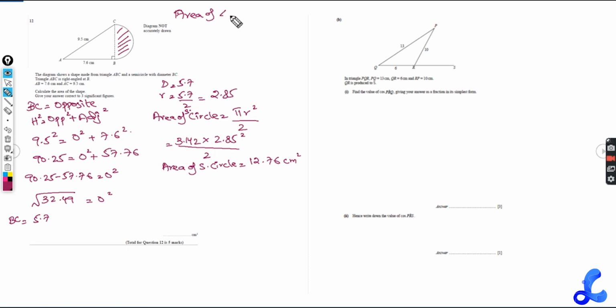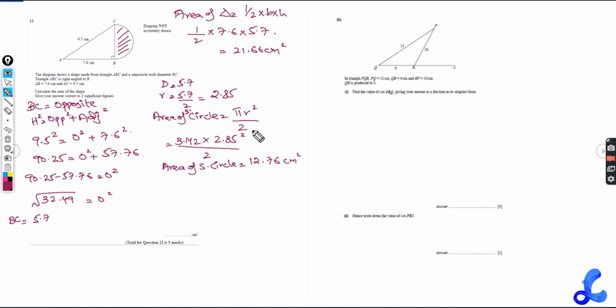You can use the previous formula that I gave you, half ab sine C, but this is a 90 degree triangle, so it becomes simpler over here. All you're going to do is half into base into height. Base is given to you as 7.6, height is already what you've taken out as 5.7. So half into 7.6 into 5.7. The area that you get over here for the triangle is 21.66 centimeters square.